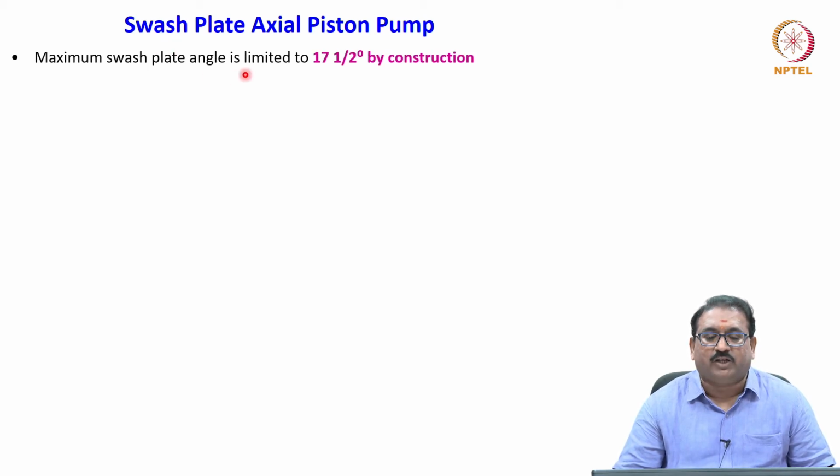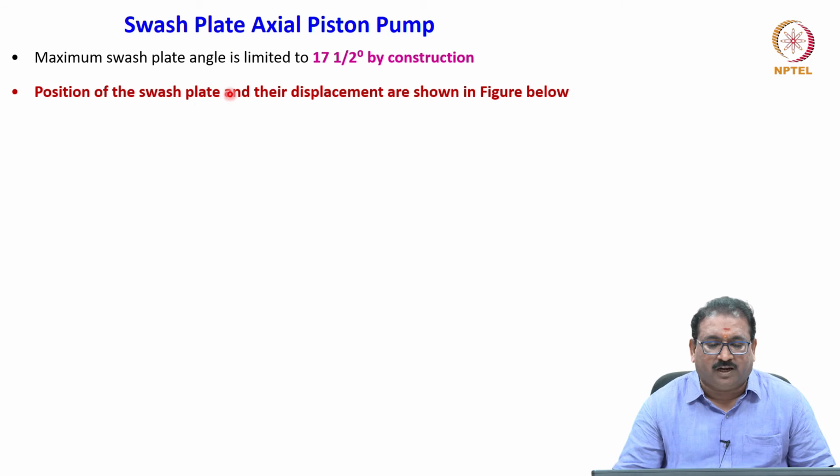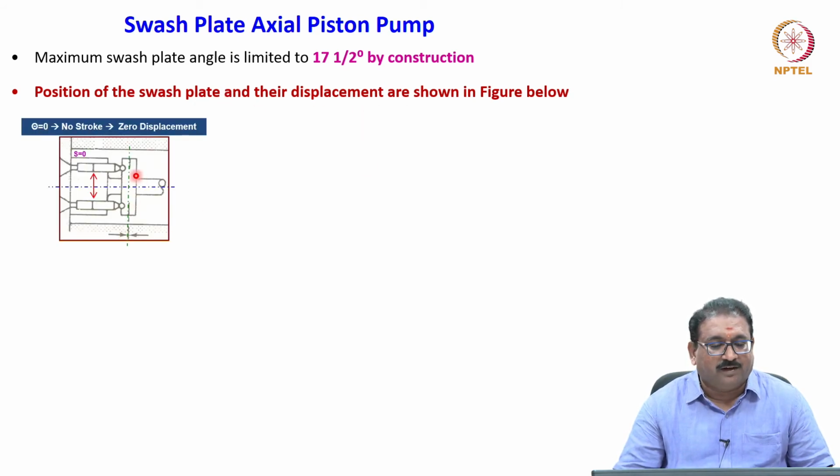Then the maximum swash plate angle is limited to 17 1/2 degrees by construction. The position of the swash plate and the displacements are shown here. Now the swash plate is like this, the piston stroke is 0.